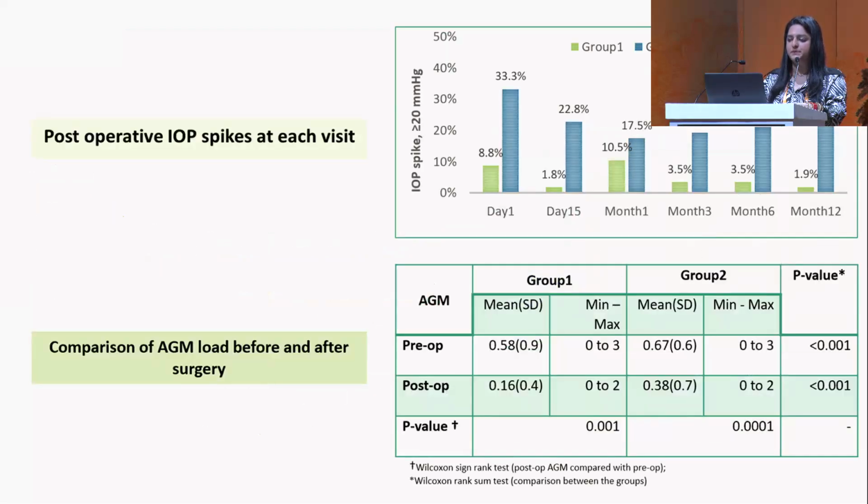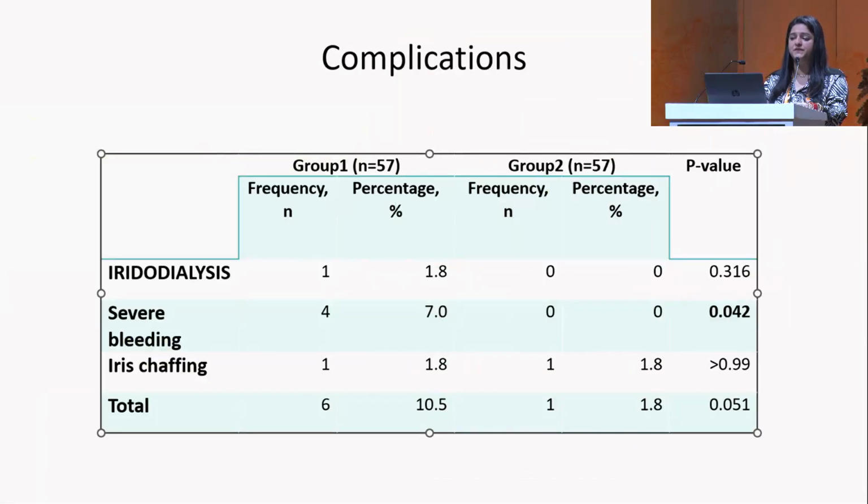The intraocular pressure spikes were seen more in the phacoemulsification group, and the anti-glaucoma medication load decreased in both the groups, with more reduction in the phaco-microhook group, from preoperative 0.58 to postoperative 0.16 at 12 months. The complications were comparable in both the groups, with 7% hyphema seen in the phaco-microhook group, which was managed conservatively, and one patient underwent AC wash.